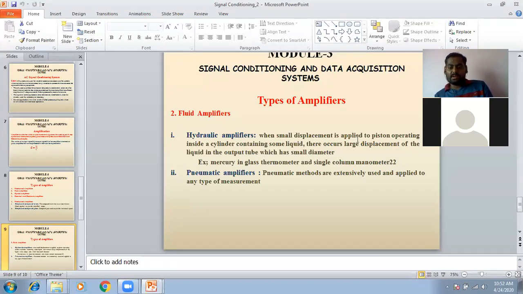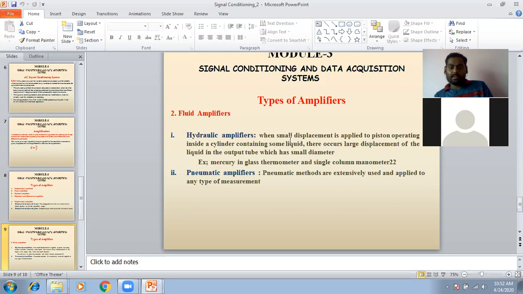When a small displacement is applied to the piston operating inside the cylinder containing some liquid, there occurs a large displacement of the liquid in the output tube, which has a small diameter. So the small diameter tube and the large diameter tube are connected together.